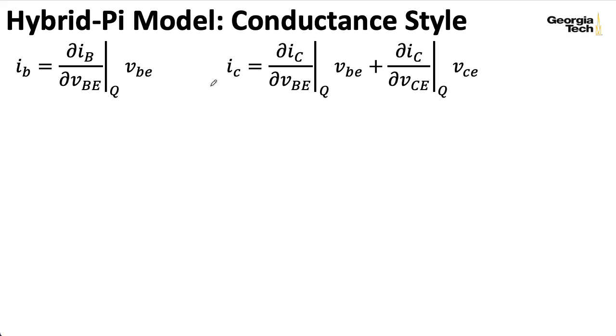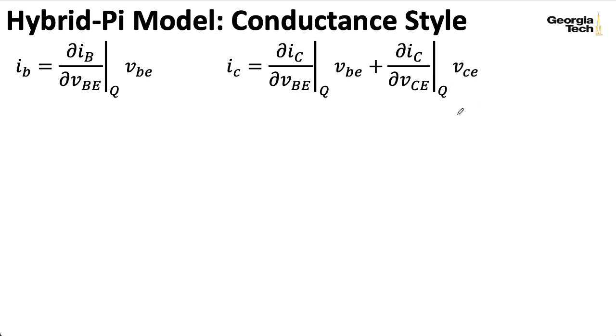And we can write a similar kind of expression associated with how the collector current varies with the base to emitter voltage, but this is a little bit more complicated since the collector current is also a function of the collector to emitter voltage. So we'll write this second term here to deal with that.